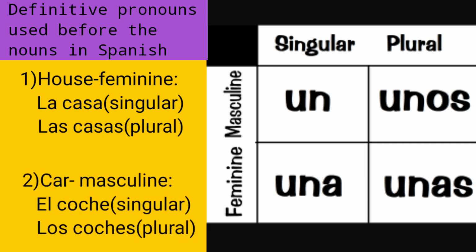Car is masculine, so it's el coche, and when it's plural, it's los coches. The whole system of lo, la, los, las takes a lot of time and you really need to get accustomed to it, and the only way to master it is to speak Spanish or listen to Spanish podcasts or, I don't know, movies or something like that continuously, so that it just gets settled in your mind.